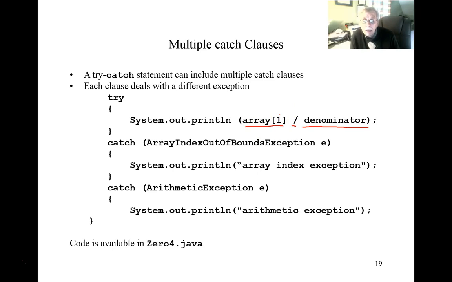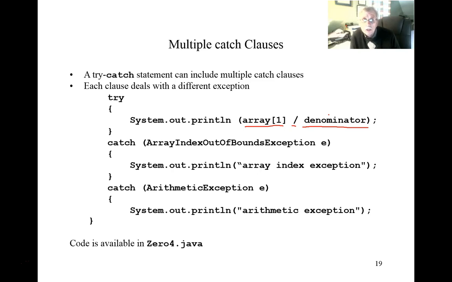There might not be an element with a subscript or index of 1. Additionally, when we get that value, if that's successful, we're trying to do division, and it's possible that this variable called denominator could contain a value of 0, so we could get another exception where we attempt to divide by 0. So a couple things could go wrong with executing this instruction.